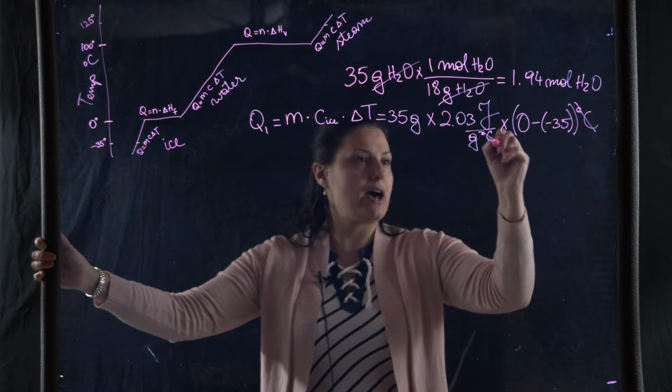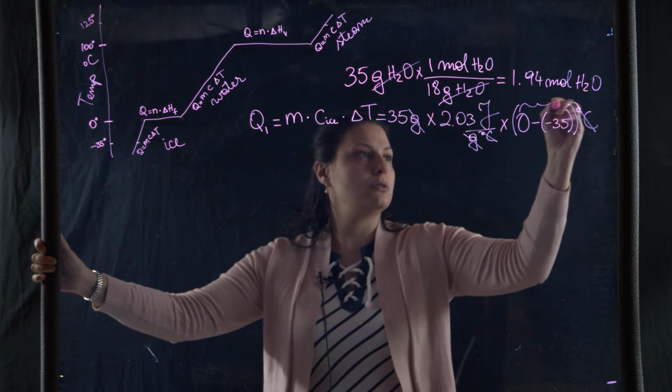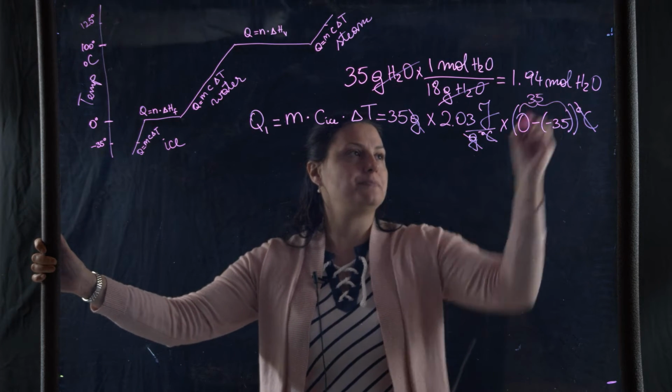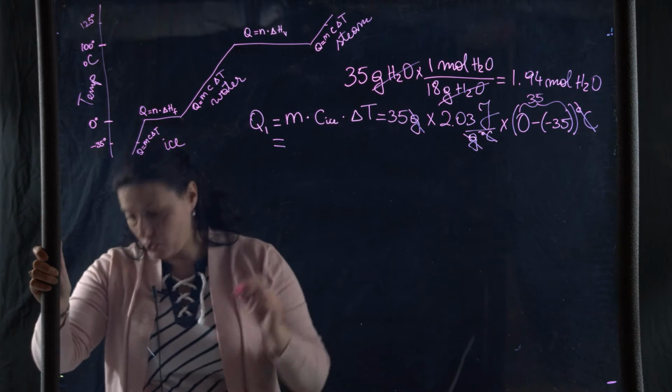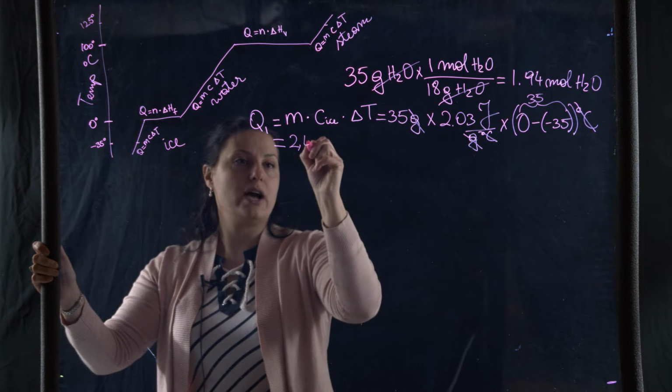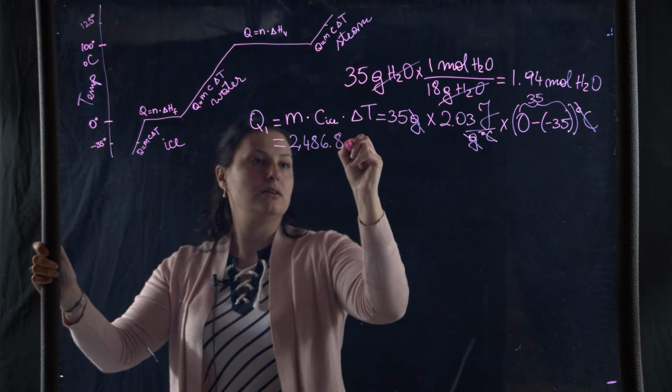My degrees cancel out, my grams cancel out. If you do all of that math, that will give you 2,486.8 joules.